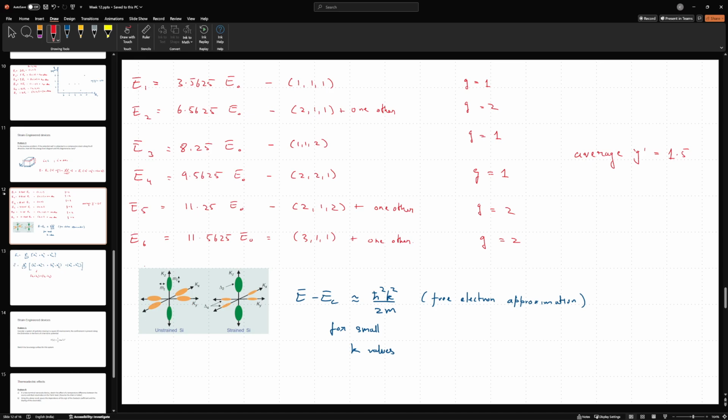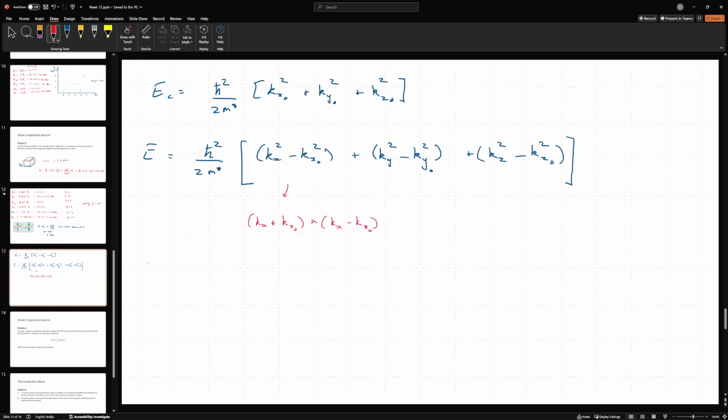But now what have we done? We have broken that degeneracy. Since strain lifts the degeneracy, there is now a preferred direction of motion.